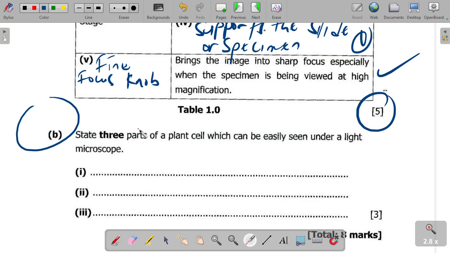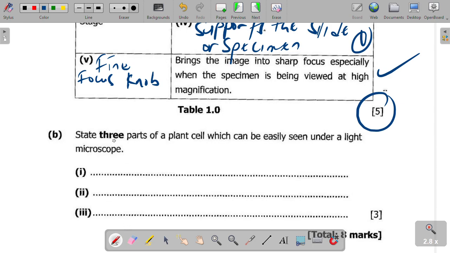Let me read this question. State 3 parts of a plant cell which can be easily seen under a light microscope. So this is not an advanced microscope. It's just a simple light microscope. What are those parts that will be obvious to your eyes when you use a light microscope?